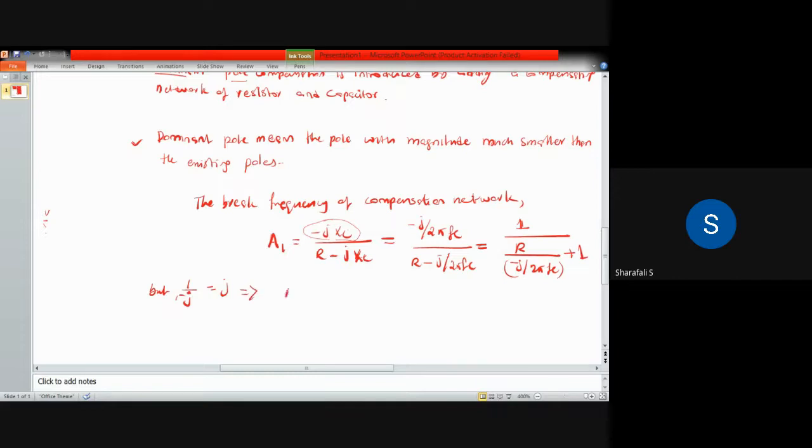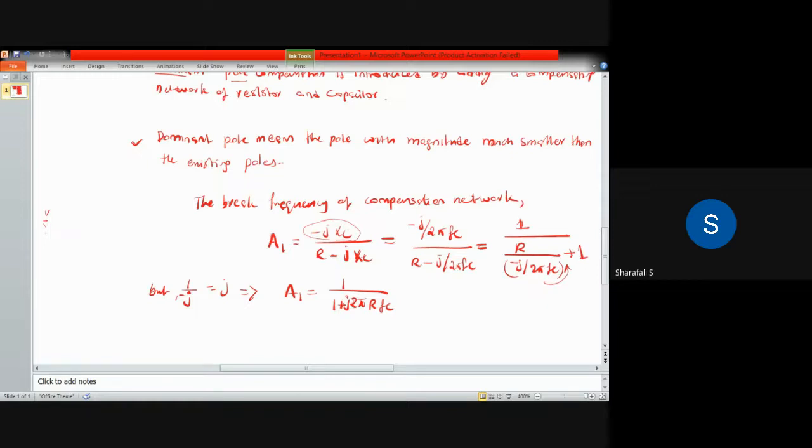So this implies A1 equals 1 by 1 plus j into 2 pi times R f c, because this term also gets multiplied by j.